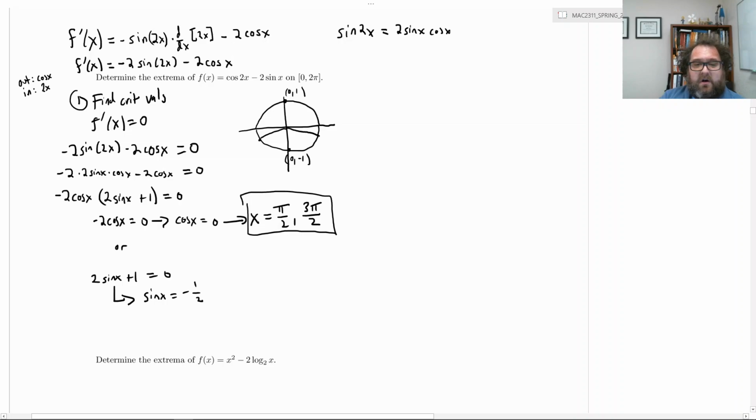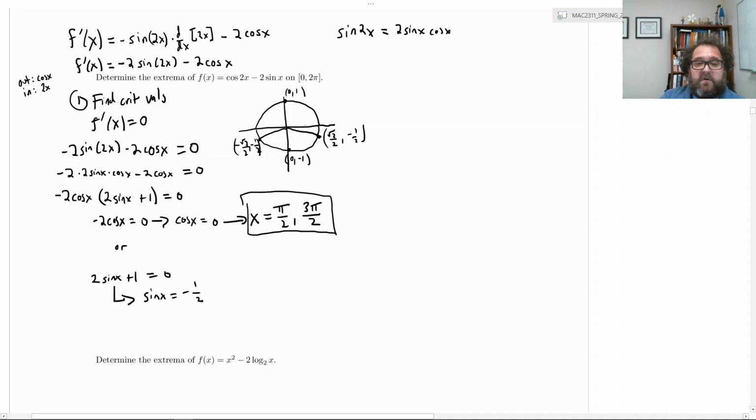that negative pi over 6, and right here. But of course, I can't call that first angle negative pi over 6 because negative pi over 6 is not in that interval of interest. I have to call it by its other coterminal radian measure, which is 11 pi over 6. And by the way, the coordinates there are √3 over 2, -1/2. And over here, they're both negative, so -√3 over 2, -1/2.